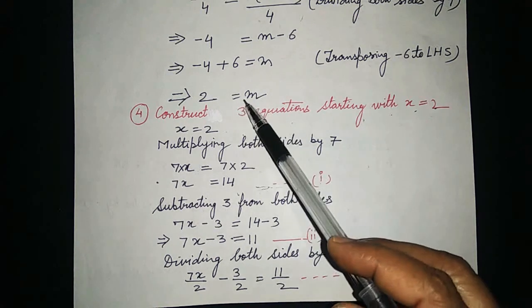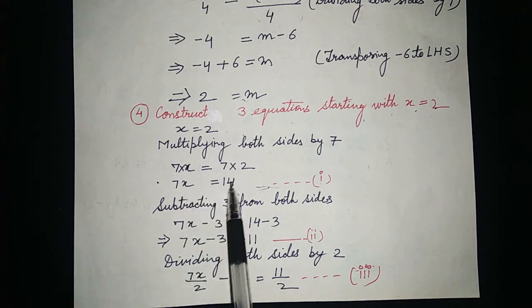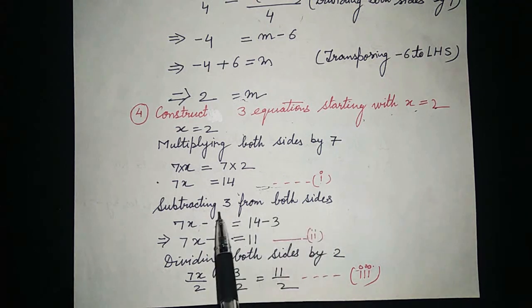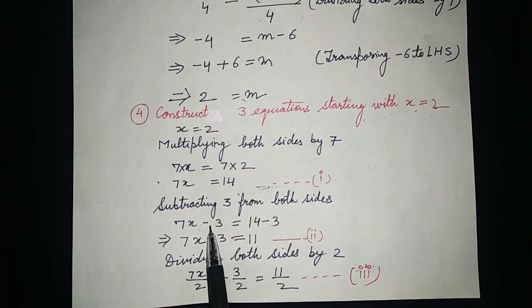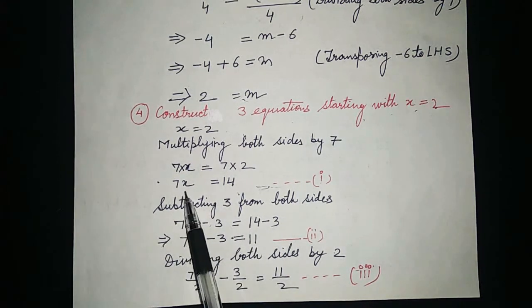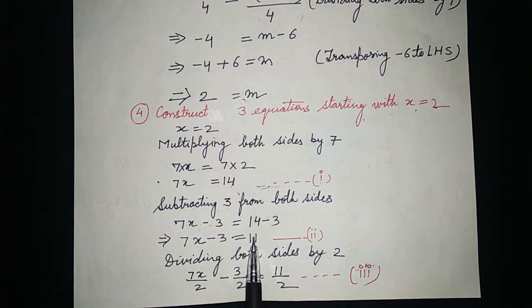As we have to make 3 equations here, after this we will move to the second equation. For the second equation, in this 7x is equal to 14, what can we do? We will subtract 3 from both the sides, and after subtracting 3 from both the sides of the equation 7x is equal to 14, what will we get? 7x minus 3 is equal to 11.